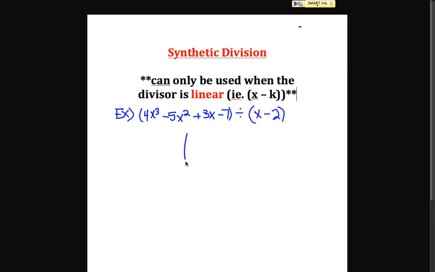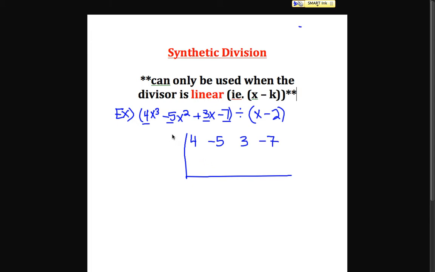Within this divided by sign, we're going to put all the coefficients from our polynomial. We're going to put 4, leave a space, negative 5, leave a space, positive 3, leave a space, and negative 7, leave a space.